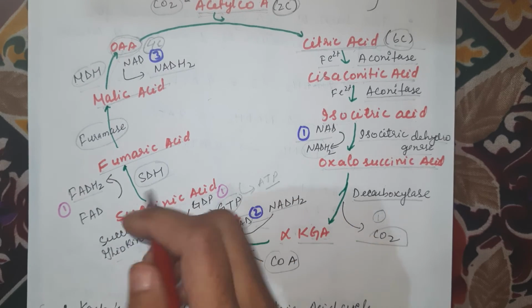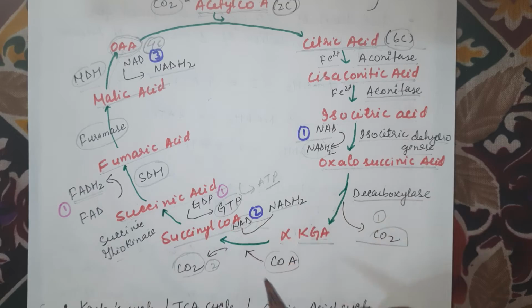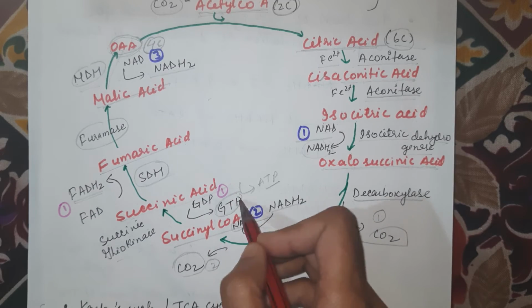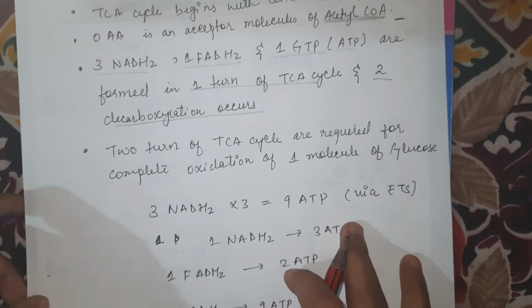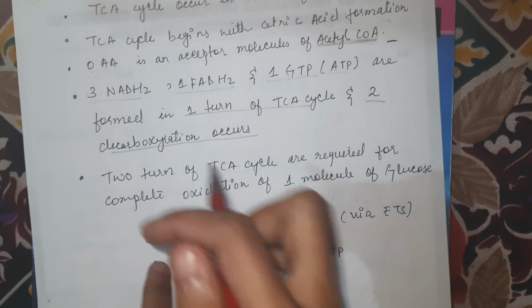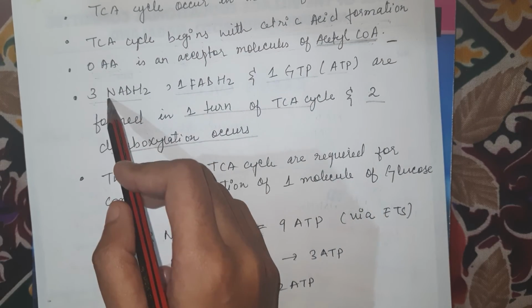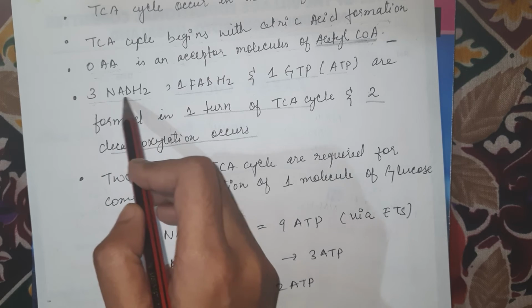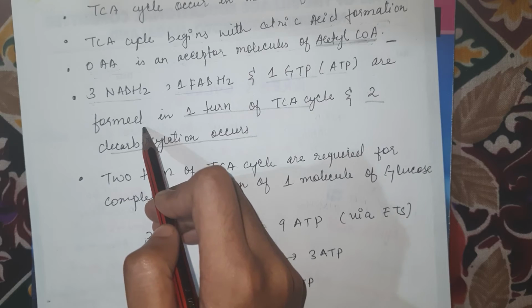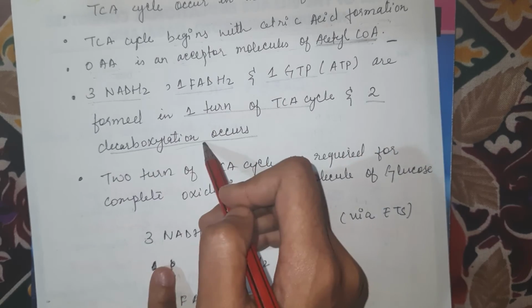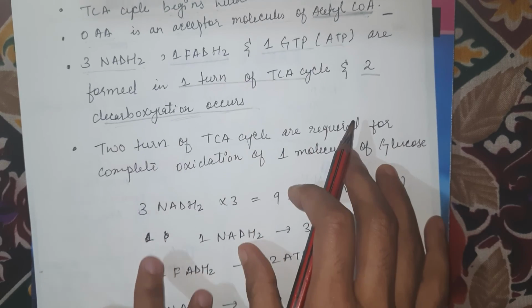And in one step FADH2 is formed, and in one step GTP or ATP is formed. So now we know that in one TCA cycle 3 NADH, 1 FADH2 and 1 GTP or ATP are formed, and 2 decarboxylations occur.